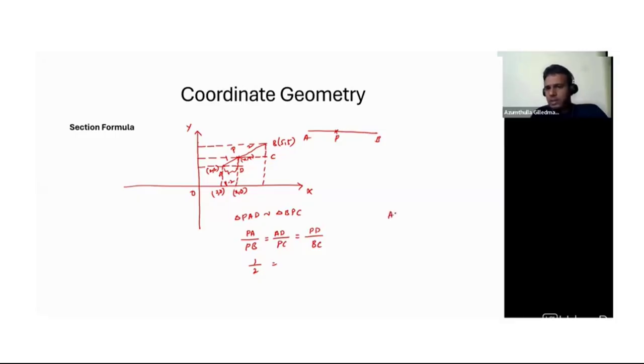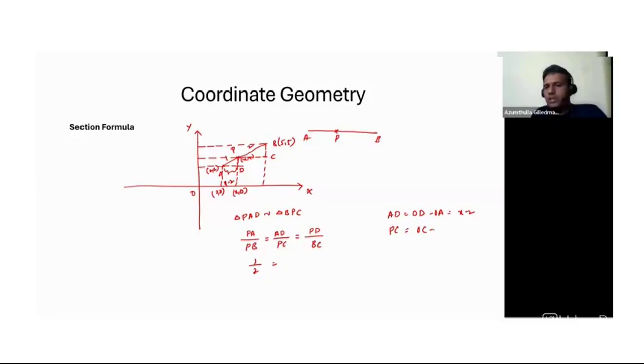So let's write this here. AD equals OD, which is x units, minus OA, that is 2 units. So x minus 2. And similarly, what is PC? PC is nothing but OC minus OP, since C is nothing but P here actually.